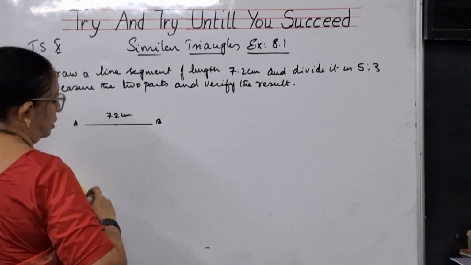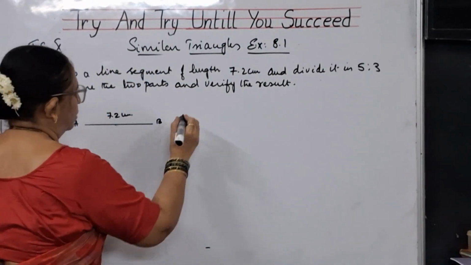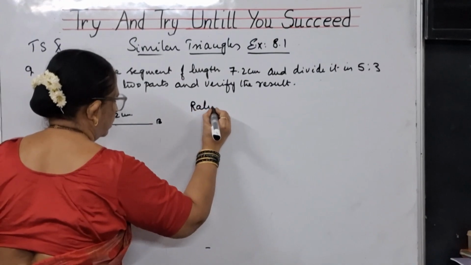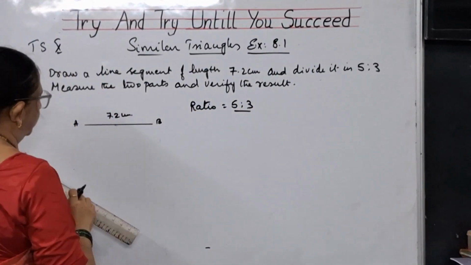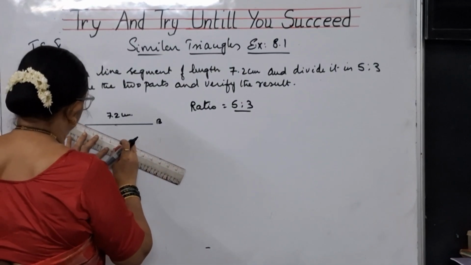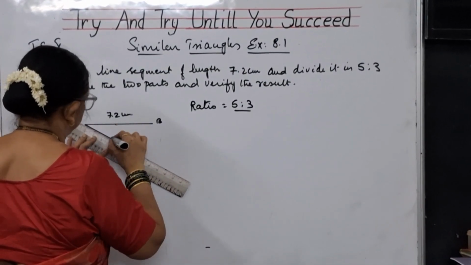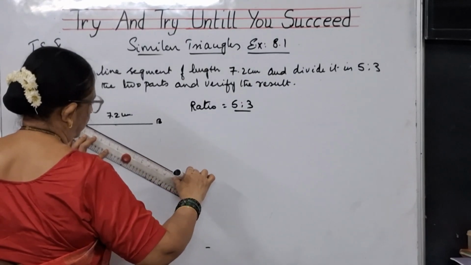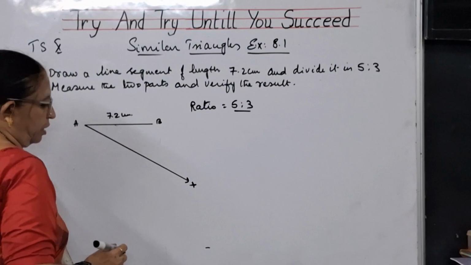Let me write it up. AB is 7.2 centimeters. Now what you have to do, the ratio that they have asked, the ratio is 5:3, the problem. First what you have to do, you have to draw an acute angle, AX ray, an acute angle.